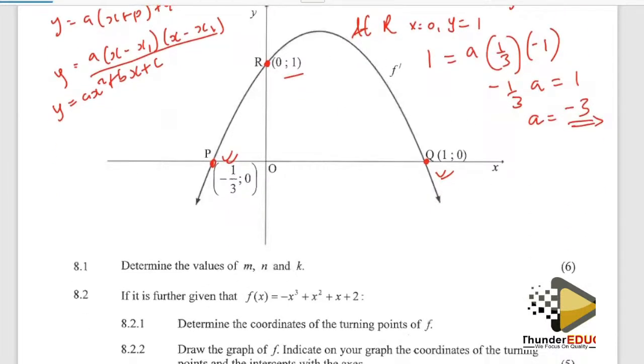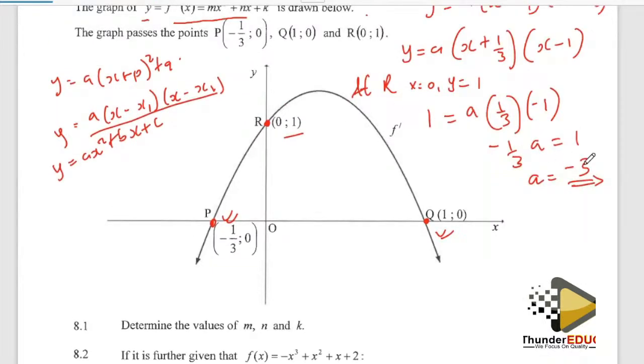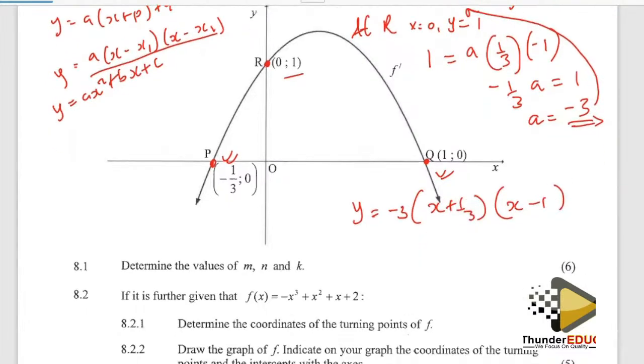Now, having obtained a as -3, then I can replace it back there, and then I open up that. So that's -3 into x plus 1/3, and then x minus 1. So I'll start by opening the two brackets and leave the -3 out.